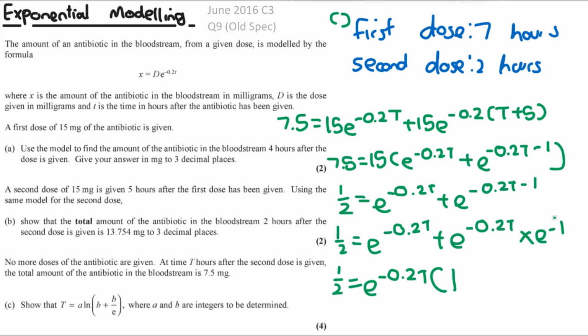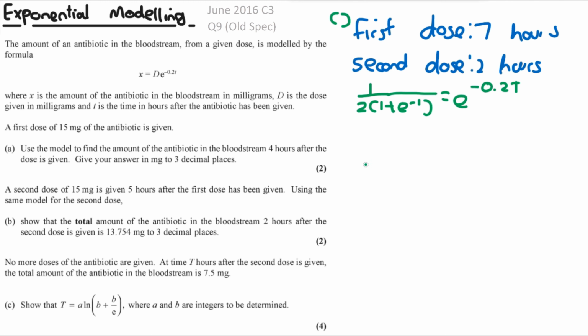And then the second term, it's just going to be plus e to the power of minus 1. So therefore, from this, we can divide both sides by 1 plus e to the power of minus 1 to get that 1 over 2 times 1 plus e to the power of minus 1 is equal to e to the power of minus 0.2 t.